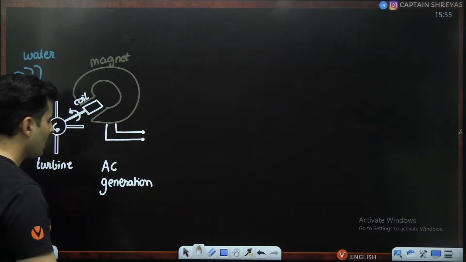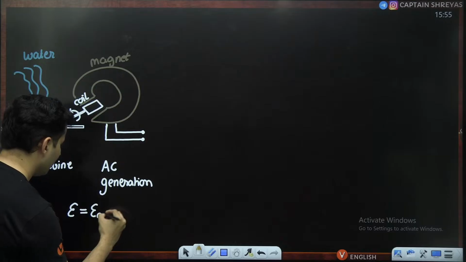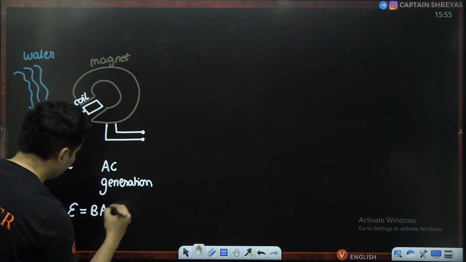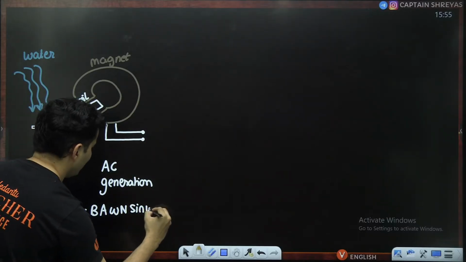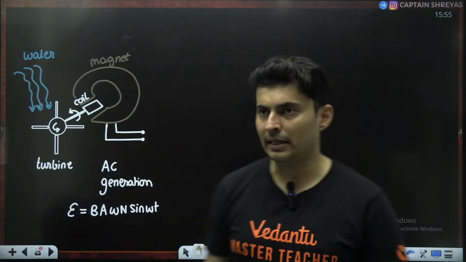And remember, the formula for that is E is equal to E naught sine omega t, where E naught is magnetic field times area of the coil times angular speed times number of turns. You have learned that in electromagnetic induction.